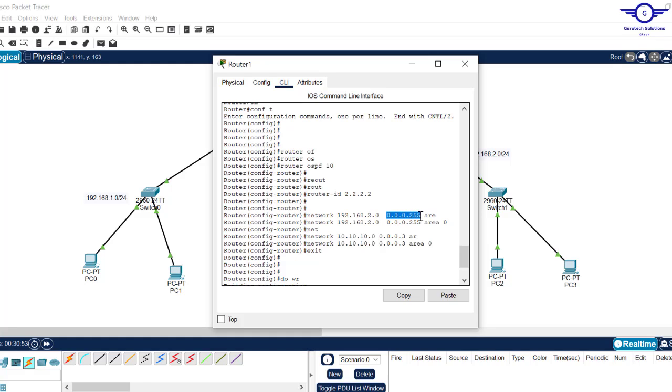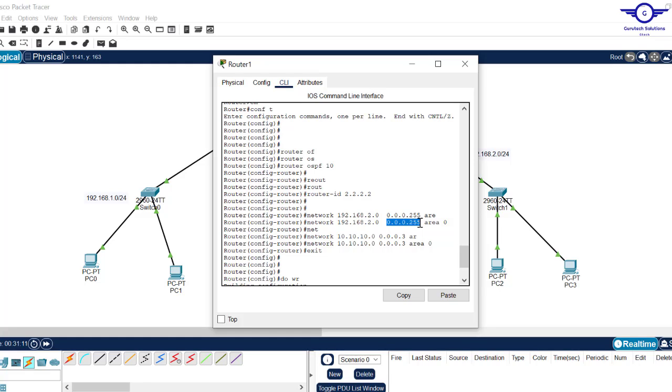What is that, subnet, right? Wildcard. We call them wildcard mask. Wildcard. Okay, that was a challenging question.